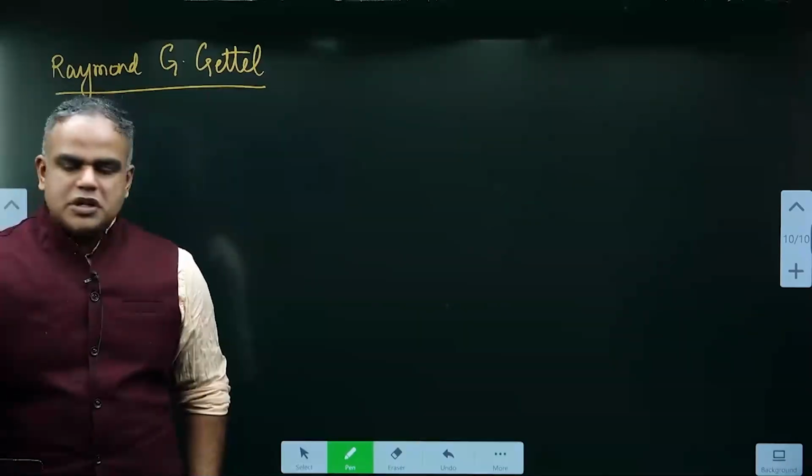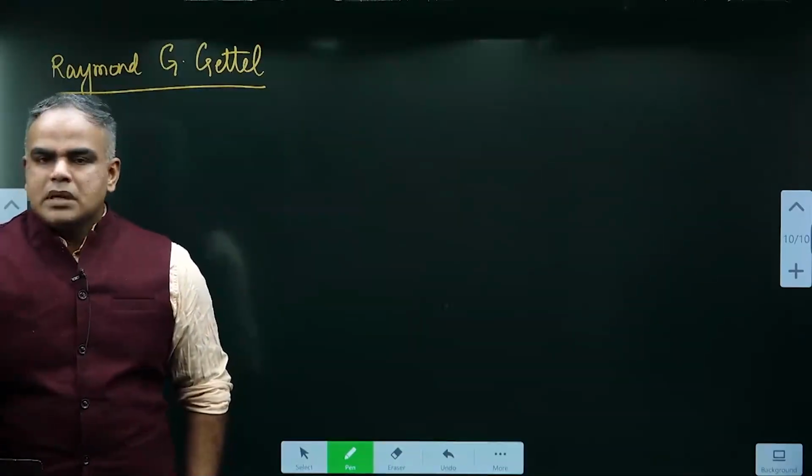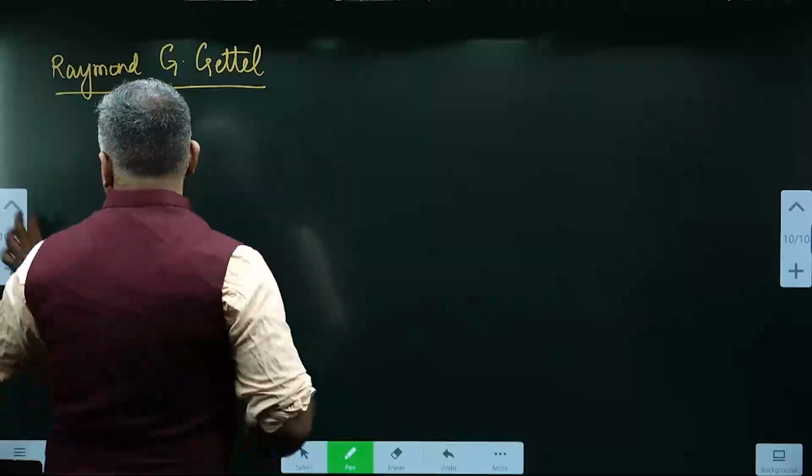Okay, full stop. Now change the paragraph. Write the mini heading, evolution of state.